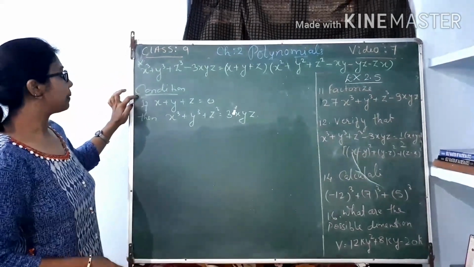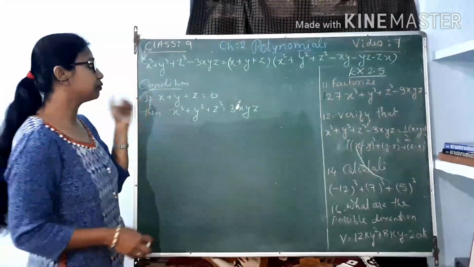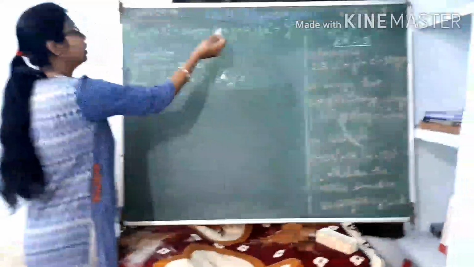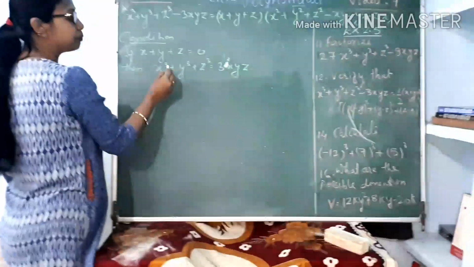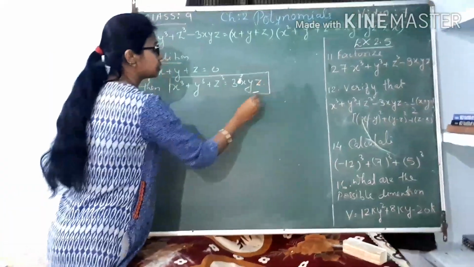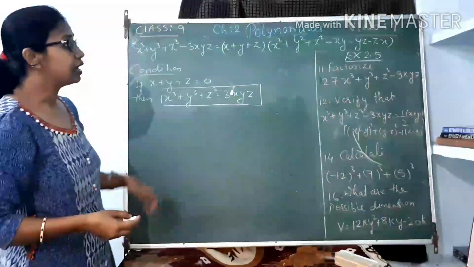One condition is applied. If x plus y plus z is 0, whenever this term is 0, obviously 0 multiplied by any term is 0. So x cube plus y cube plus z cube can be written as 3xyz. This is also a very important result.